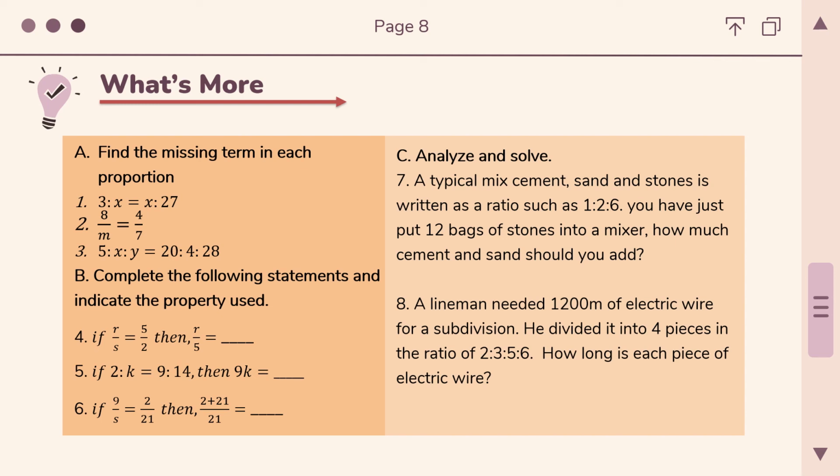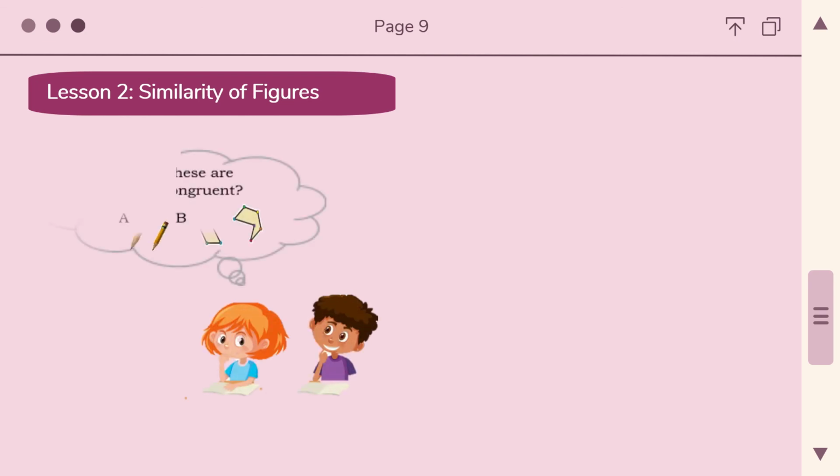So next is lesson number 2. Lesson 2 talks about similarity of figures. There are two children talking to each other, exchanging thoughts, and the thing they are talking about is similarity.